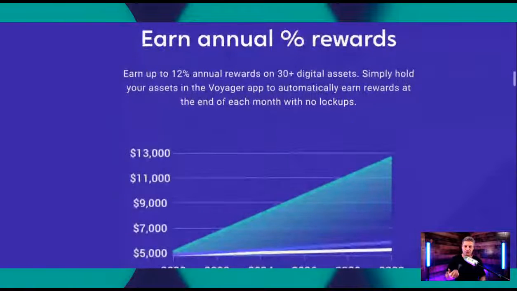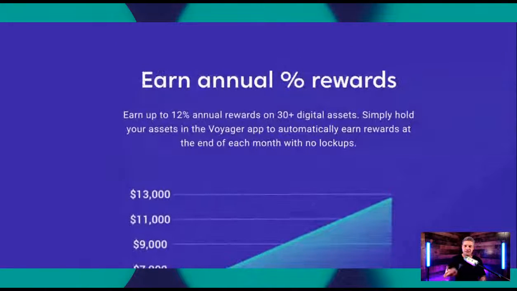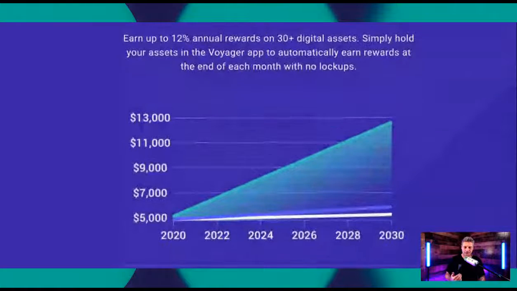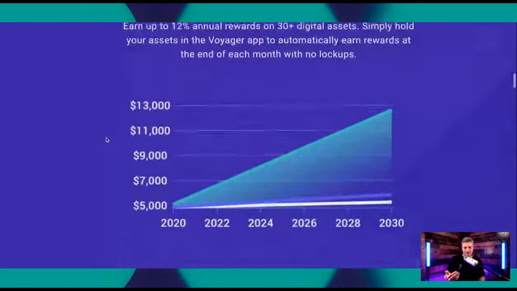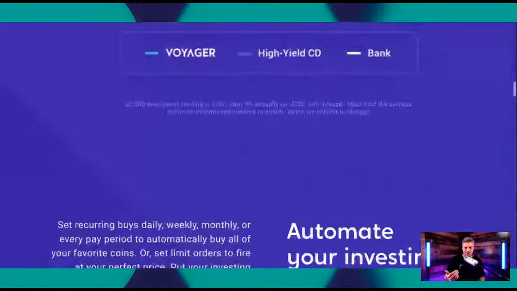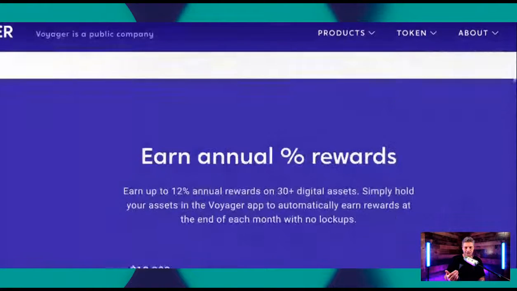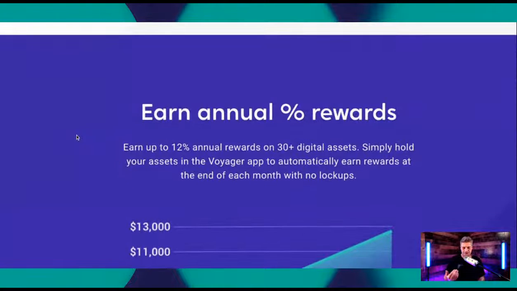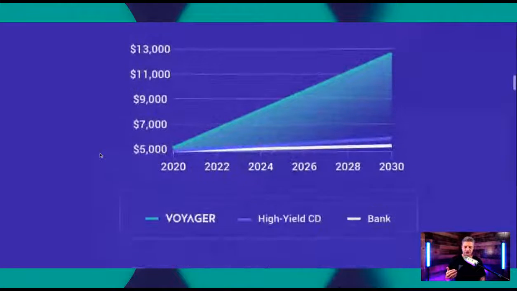The first thing that I would encourage you to do is move that money into USDT. And here's why. I'll go into automation in a second. But you can look here, earn annual percentage rewards. I can just go ahead and tell you, their charts are just too much.